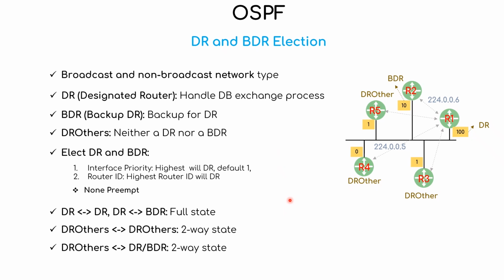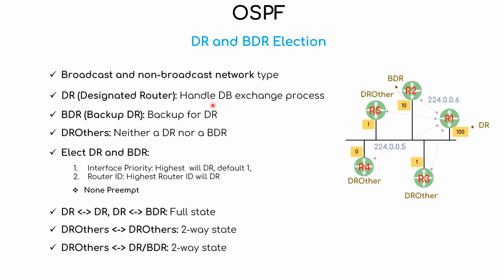So OSPF needs to elect one router on the subnet as the designated router, or DR. The DR handles the database exchange process, and then it needs to select the BDR, the backup of the DR, and DROther. DROther is a router that is neither a DR nor a BDR.